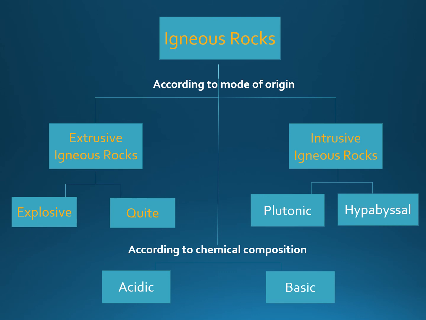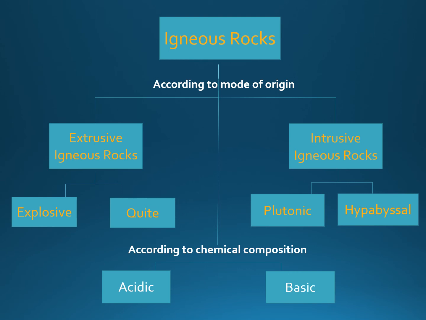On the other hand, intrusive igneous rocks are formed inside the Earth's surface and are divided into two based on their position. They are plutonic or abyssal rock and hypabyssal. In plutonic rocks, rocks are formed at a great depth, whereas hypabyssal rocks are formed just beneath the Earth's surface.